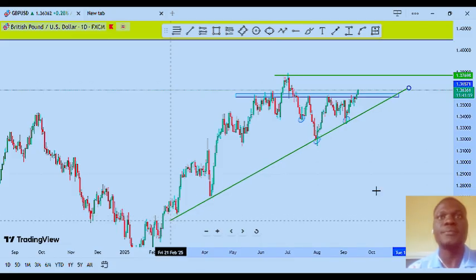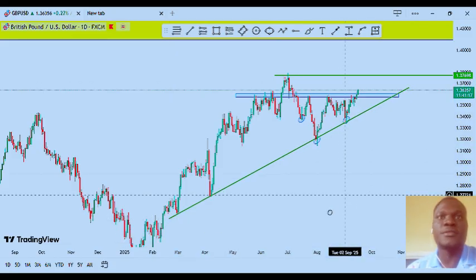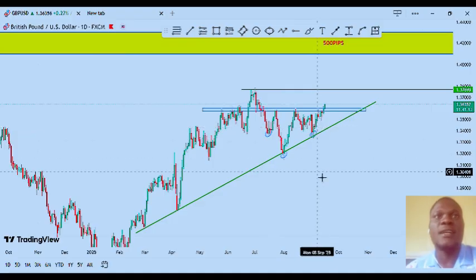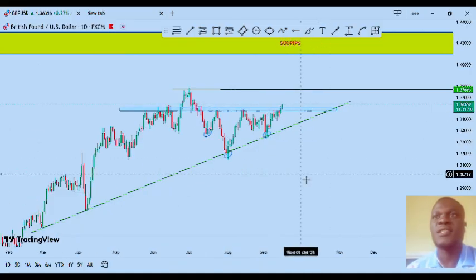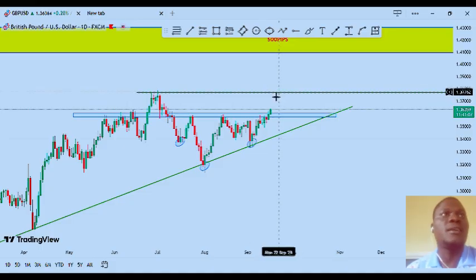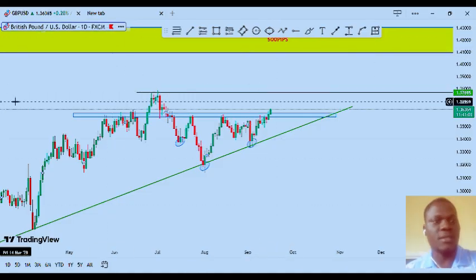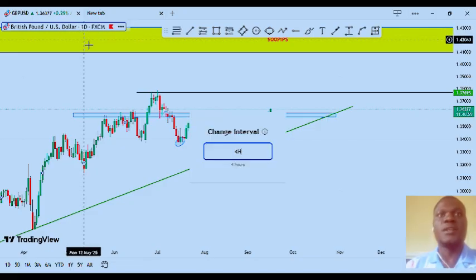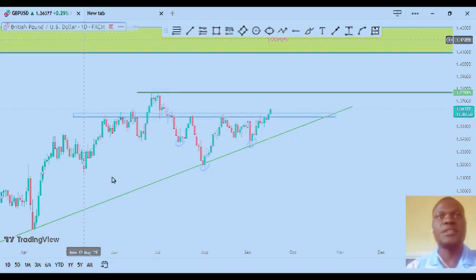Okay, so this trend line is what is holding this market. Now the next level for British pounds is this line right here, that green line right there. Let's go to 4 hours time frame. Let's see if we can look for another entry on this British pounds.